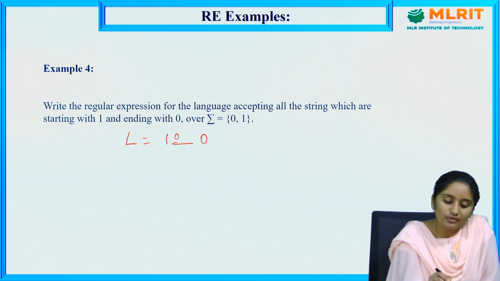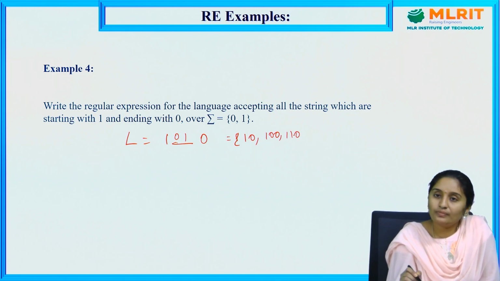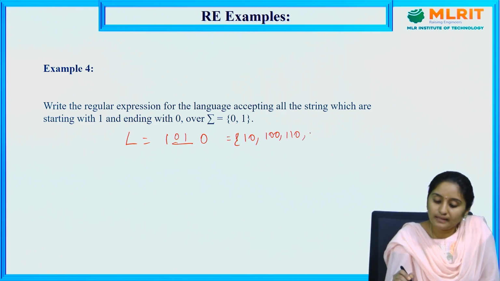So I can have 0 or I can have 1. I can write the language as 10, it is accepted, 100 is accepted, 110 is accepted, 1100 is also accepted, and so on.